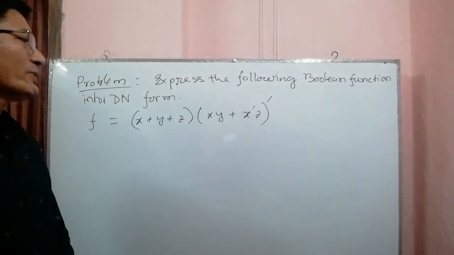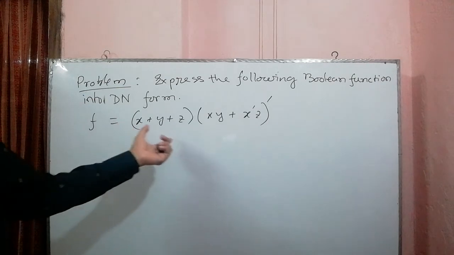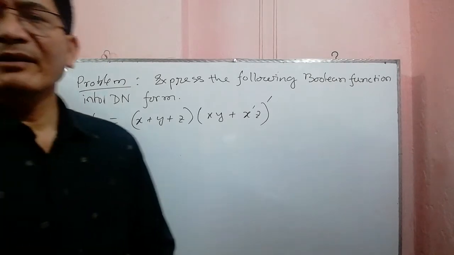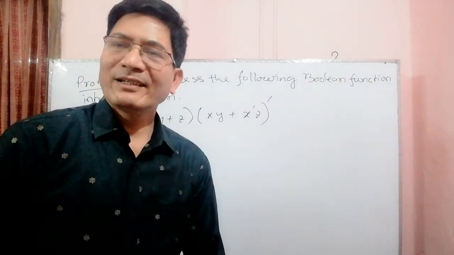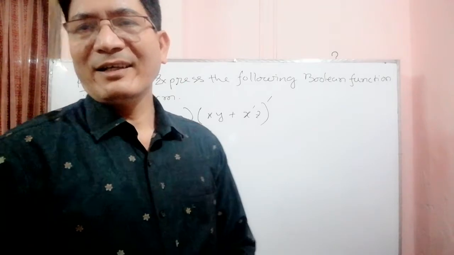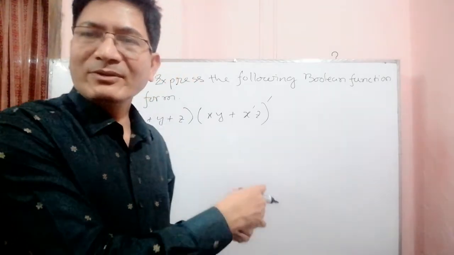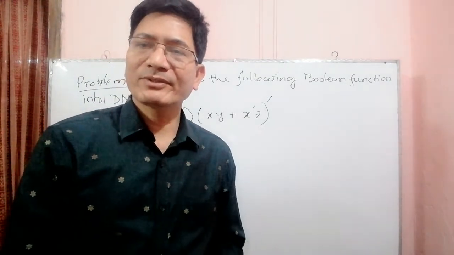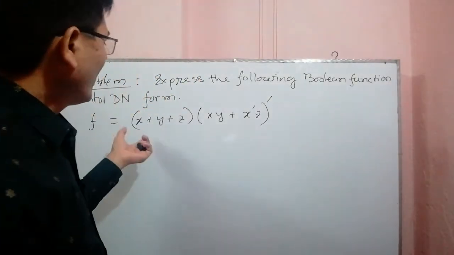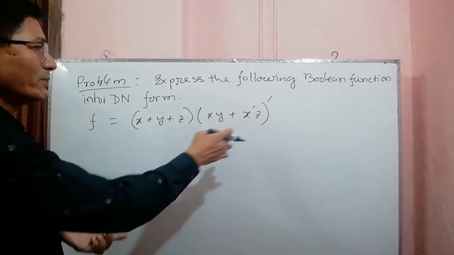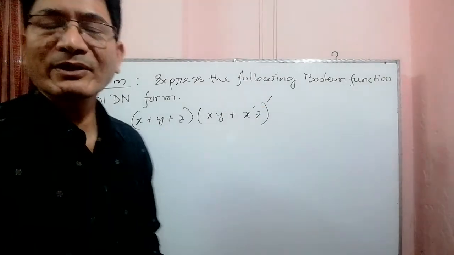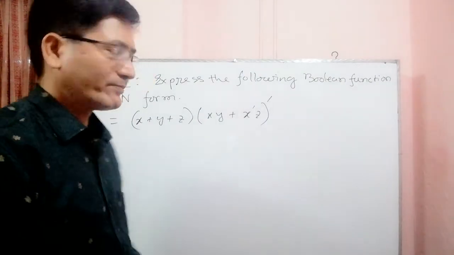This is our given function, dear students, and we have to reduce it into dn form, that means disjunctive normal form. A few minutes earlier, I said that we have to first simplify the given function into the minimum number of terms. So now we have to use the complement rule, and next we shall multiply the terms.